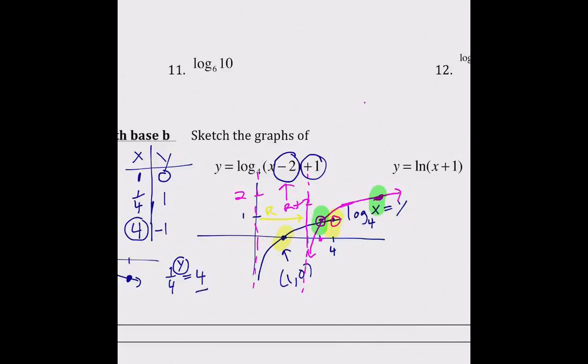Have to move the vertical asymptote when you go right 2. That is crazy. I'm going to slide this over so you can see the next one.